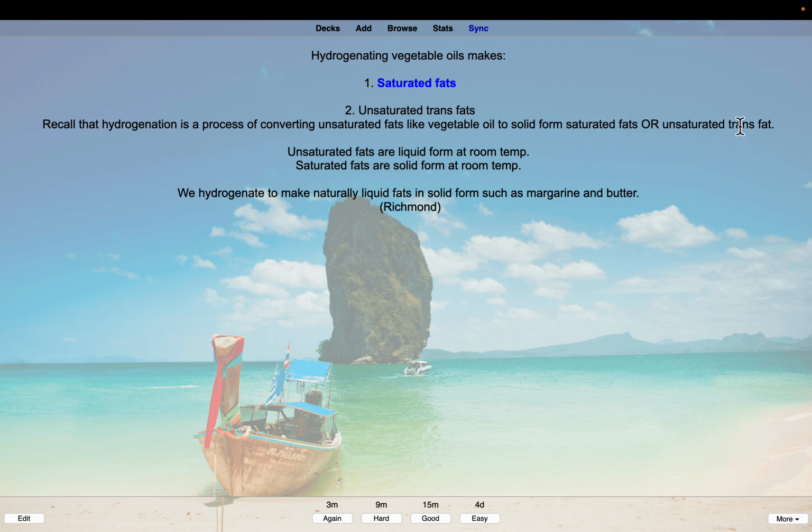We all know that trans fat is associated with being unhealthy for the body. Unsaturated fats are liquid at room temperature. Saturated fats are solid at room temperature. Just to recall what was stated earlier. We hydrogenate to make naturally liquid fats solid, such as margarine and butter. So these are trans fats.